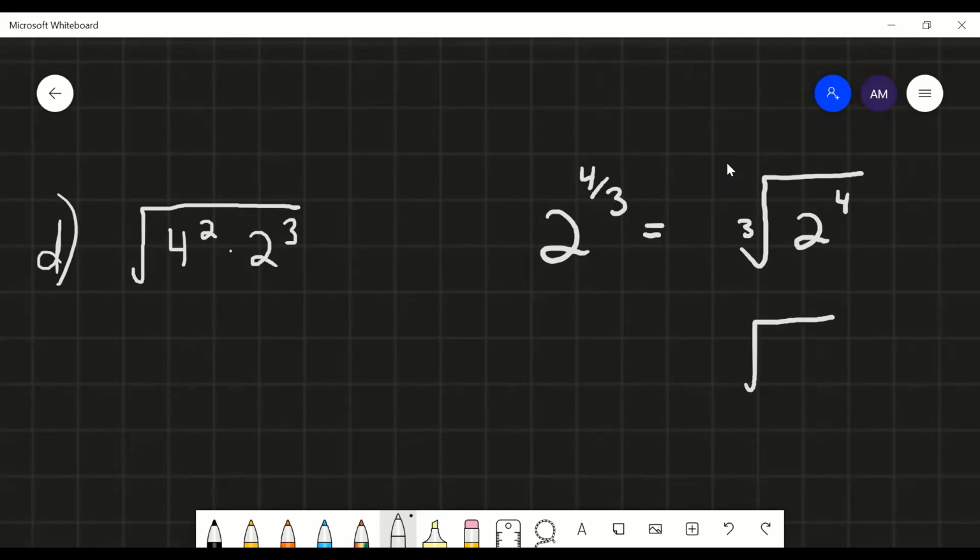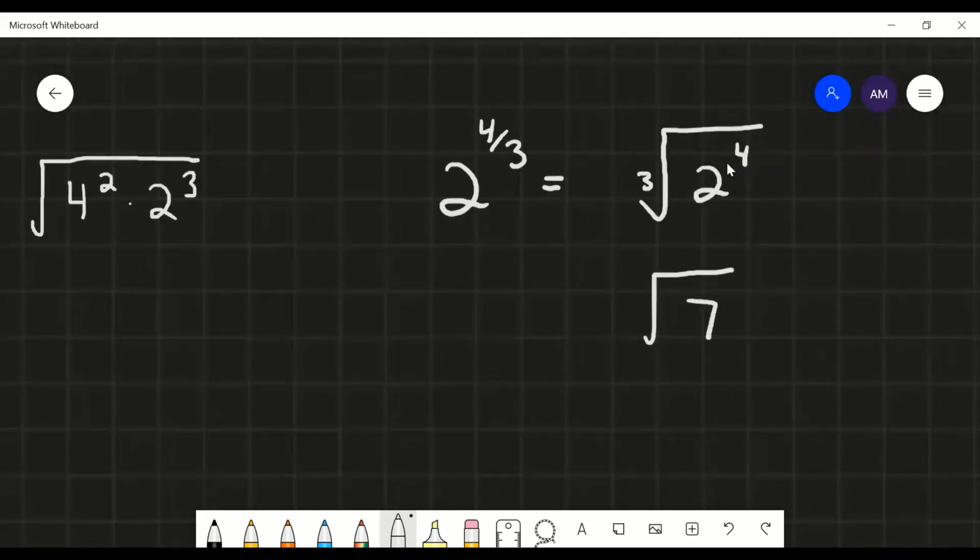Let's say the square root of 7. Well, by default, if there's no exponent on something, it's as though there was an exponent 1. And if there's no number in the root, by default, we say that it's a square root, which would be based on the number 2. So if we were to change that to an exponent, it would be 7 to the power of 1 over 2.